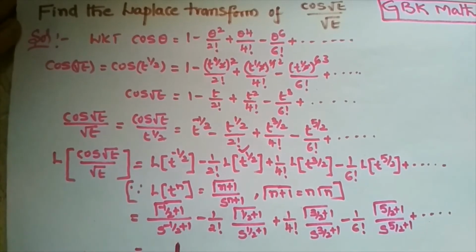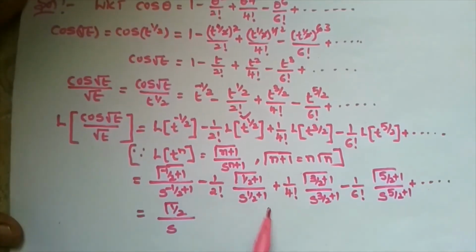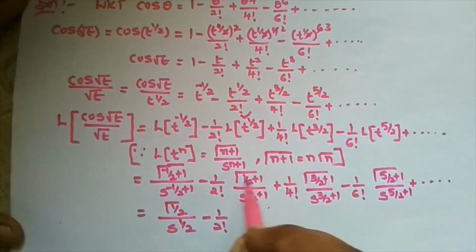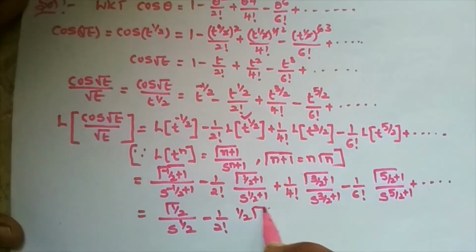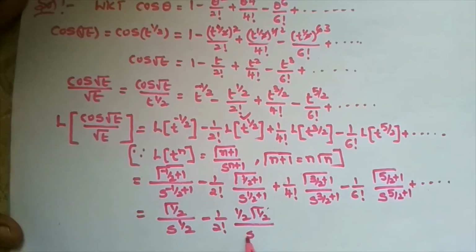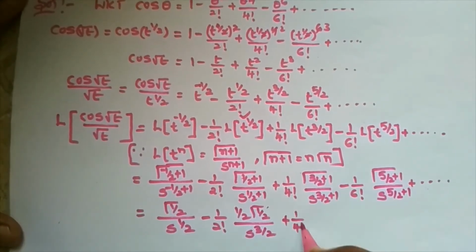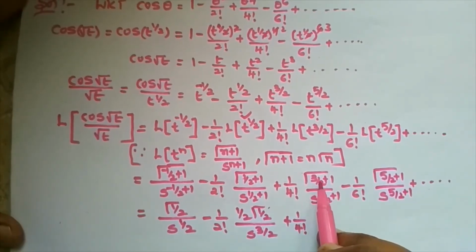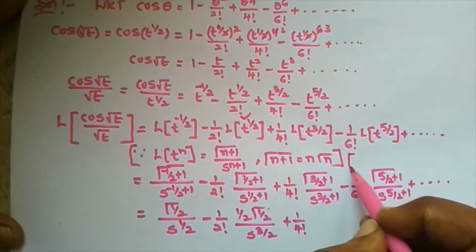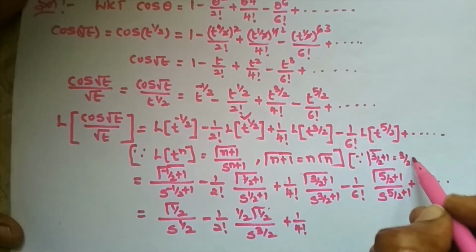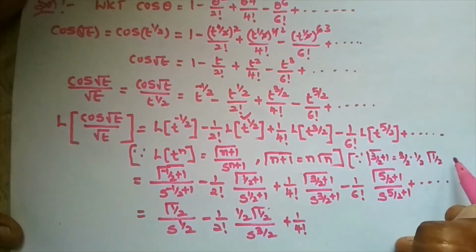Minus 1 by 2 plus 1 is gamma of 1 by 2 as it is by s power 1 by 2 minus 1 by 2 factorial into, it can be written as 1 by 2 into gamma of 1 by 2 by s power 3 by 2 plus 1 by 4 factorial into, it can be written as, since gamma of 3 by 2 plus 1 is equal to 3 by 2 into 1 by 2 into gamma of 1 by 2.